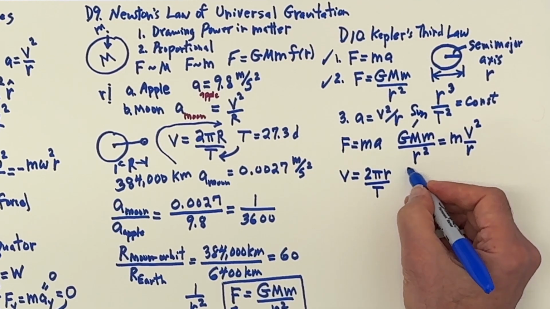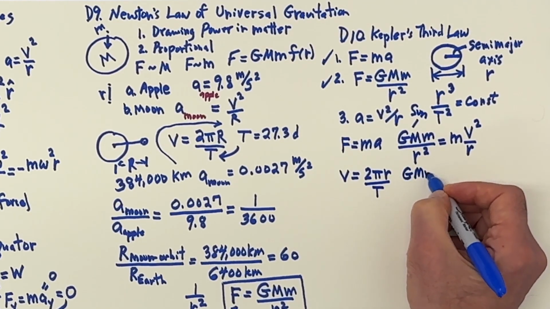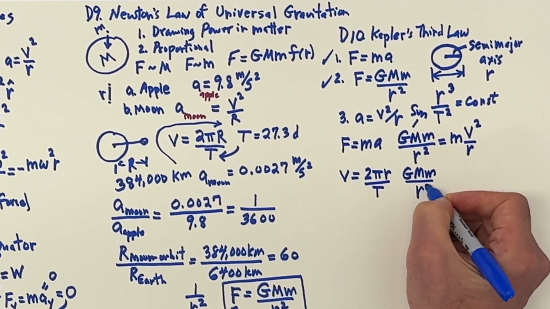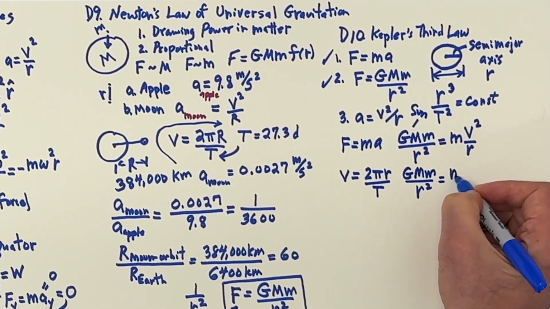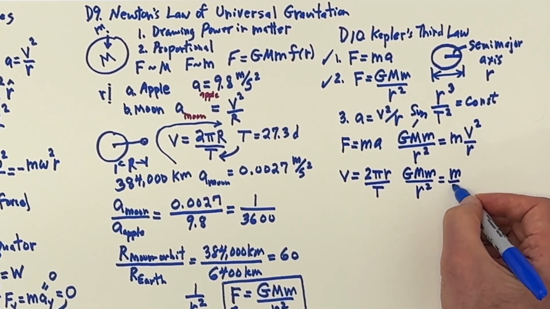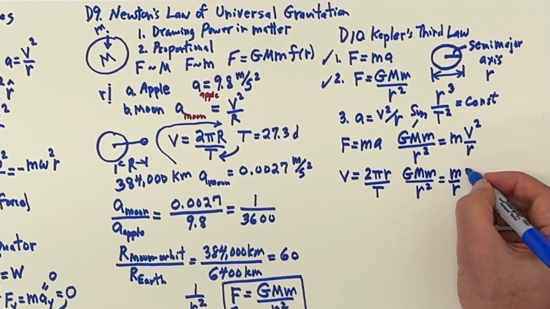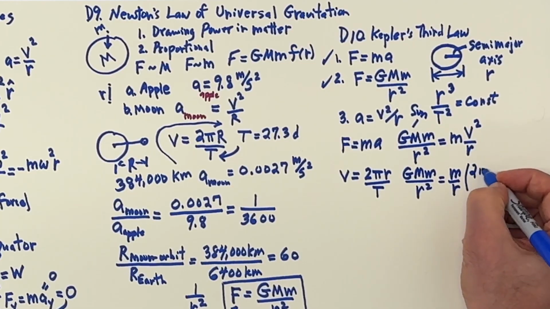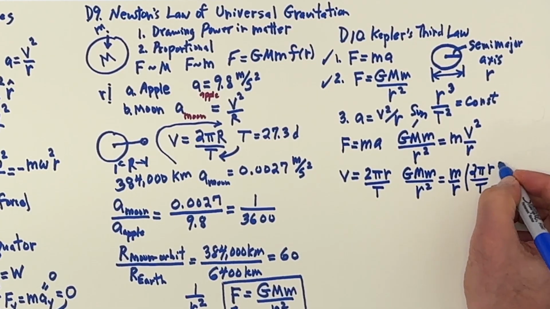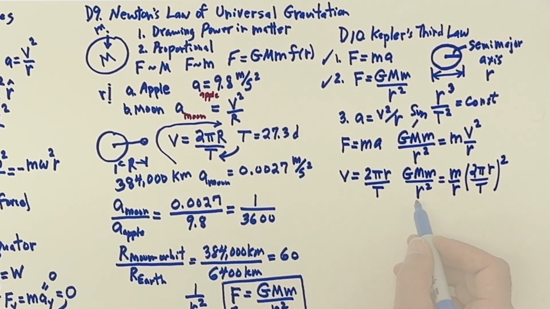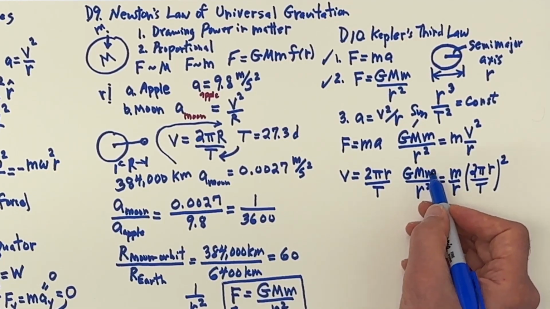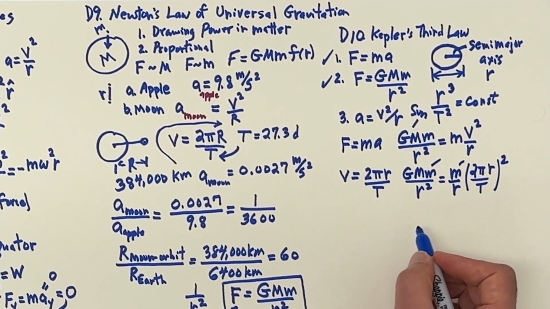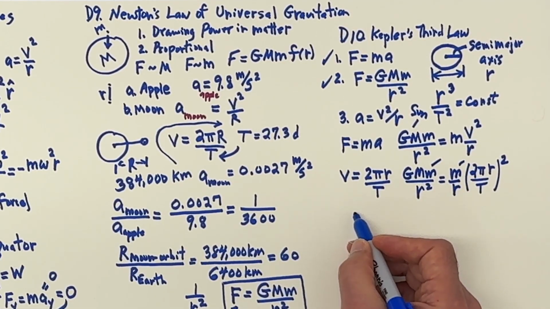So that means we have the equation G M m over r squared equals m times, for the v, 2 pi r over T, all that squared, divided by r. So now we can see that this m cancels. It doesn't matter what the planet's mass is.